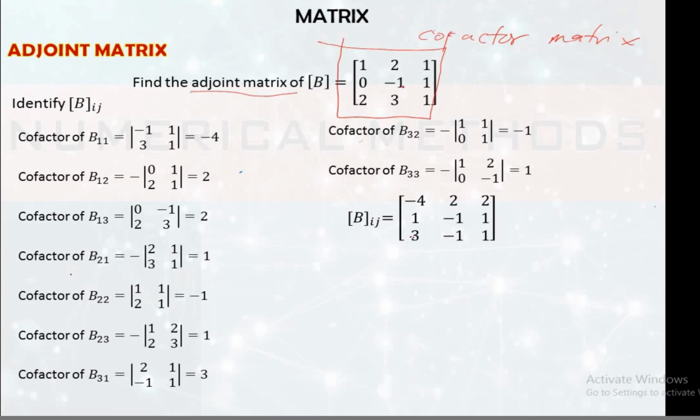Kung paano natin kinuha yung cofactor matrix ng 3 by 3 matrix kanina, that is how you are going to solve for the cofactor matrix of this. At ang lumabas sa aking computation, yung cofactor matrix ng matrix B ay ito. Okay? This is the cofactor matrix.